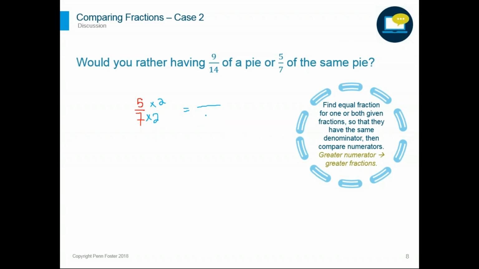So that way I'm able again to compare the numerators and decide which one is larger or smaller. 7 times 2 is 14, and 5 times 2 is 10. So this fraction is equivalent to 10 over 14. So the first fraction says 9 over 14. The second one is 10 over 14. Which one is larger?